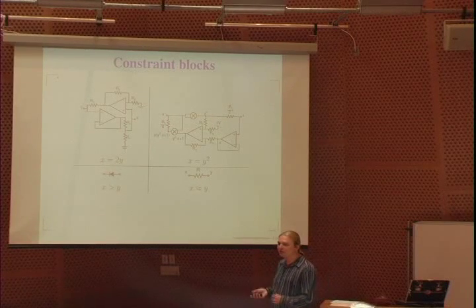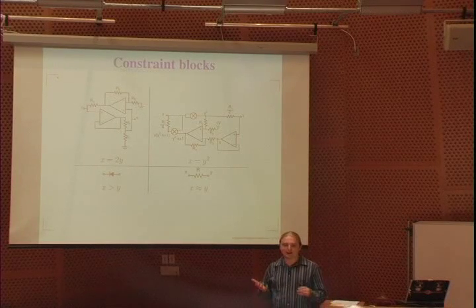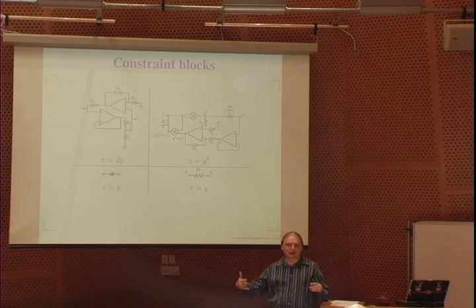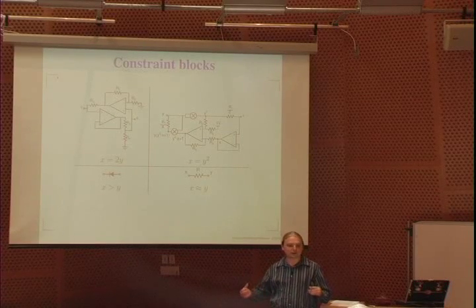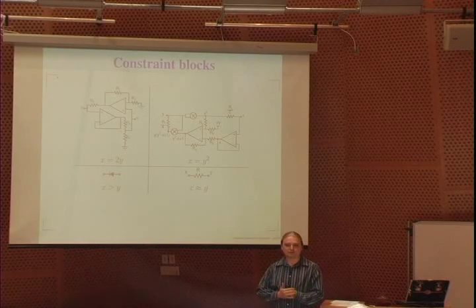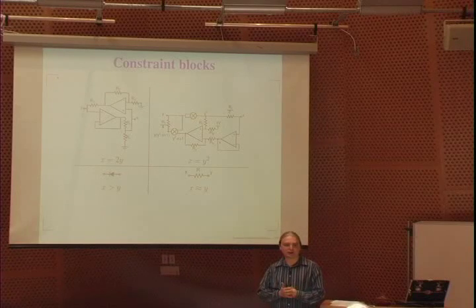I can build a constraint block with just two terminals that, if I connect a capacitor and inductor to it on one side, will oscillate. So it's not a complete generalization of passivity. It's a generalization of memoryless passivity, I guess.